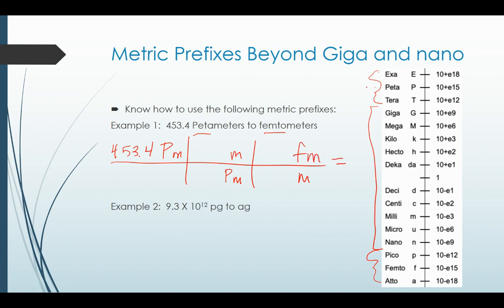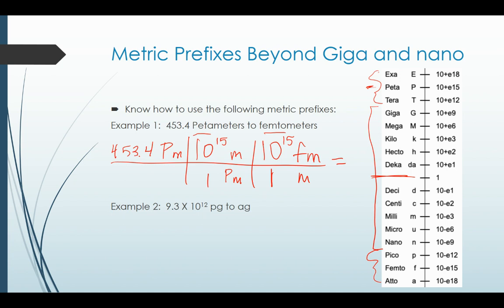So we look over here, peta is higher up on the list than the base unit. Remember, the base unit's right here. So peta gets a 1, and then peta means 10 to the 15th. And then over here we have the base unit higher on the list. Femto means 10 to the negative 15th. But remember, we don't count the negatives.